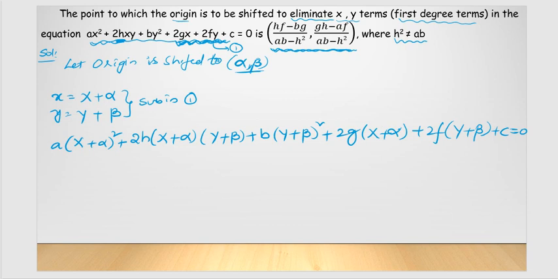In this, I need to eliminate the first degree terms. For that I need to expand this.